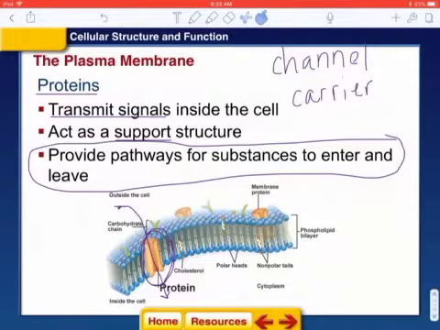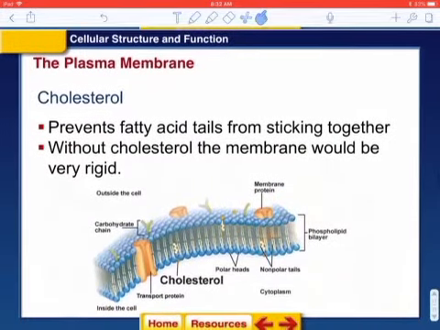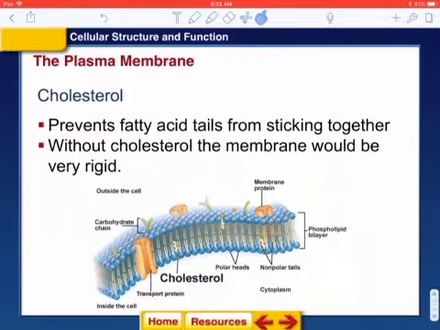Right, so in addition to our proteins, we also have a molecule called cholesterol inside of our cell membranes. Now, cholesterol, there is a good and a bad cholesterol. So I'm sure you guys have heard your doctors or your parents' doctors talk about, watch your cholesterol, or you've heard commercials.